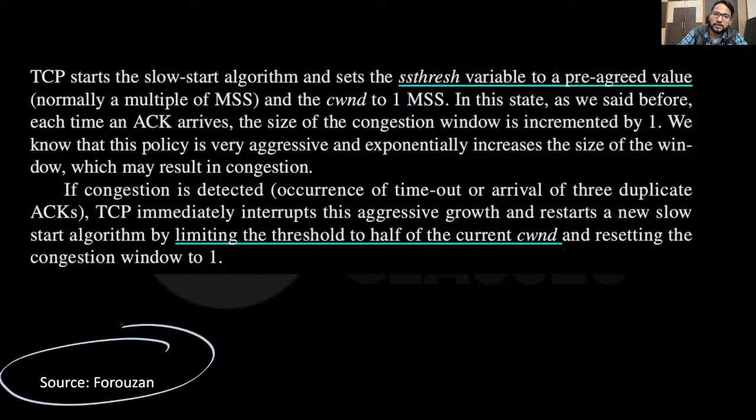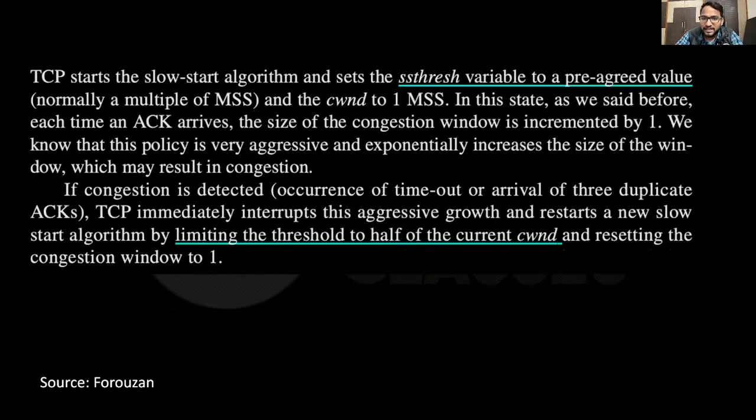I have taken these screenshots from Forouzan. That's why I'm saying this is a misconception, and I always clarify the misconception using standard resource links so that you trust more, okay? So see here, they are saying the threshold variable is a pre-agreed value, normally a multiple of MSS, and CWND is 1 MSS. So this is the initial threshold. But if you reach congestion, then it is divided by 2.